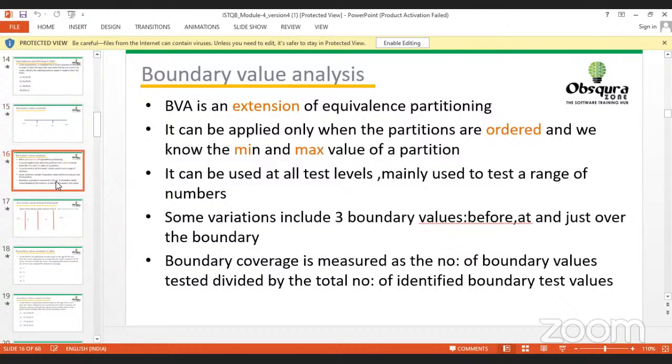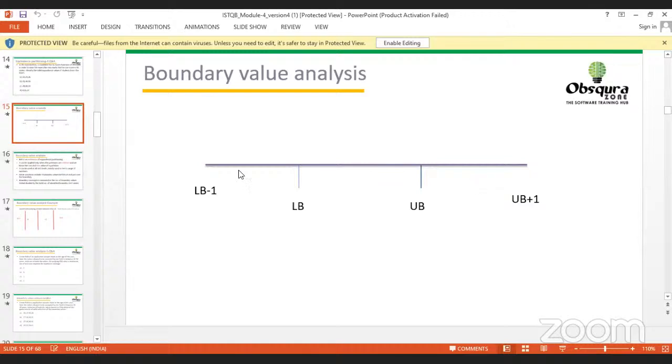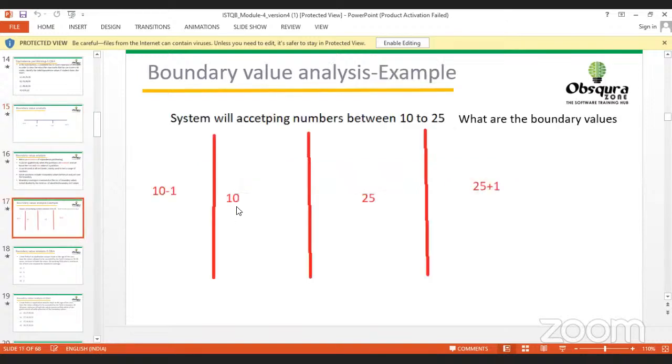And in this case, the coverage is the number of boundary values tested divided by the total number of boundary values. So if out of these 4, I am testing all 4 boundary values, it will be 100% coverage. As this example says, the system is accepting numbers from 10 to 25.